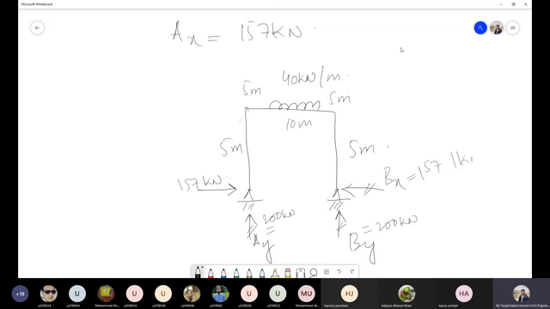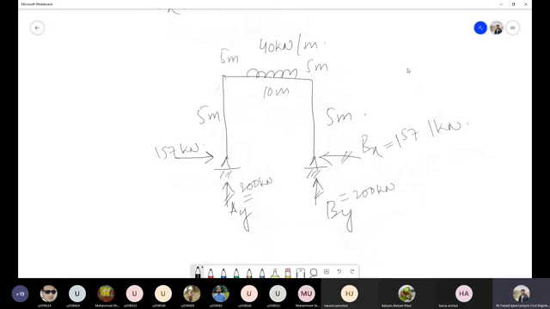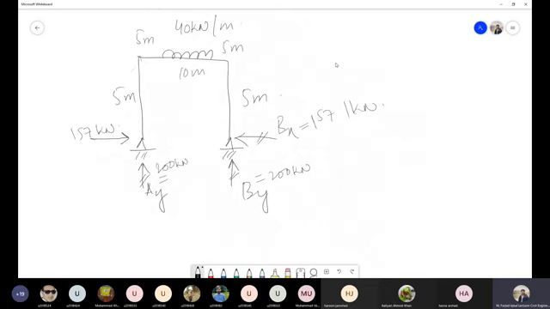Again 157 kilonewton. Actually in this question it was a symmetrical structure. So in this question it is by, let's say, our luck that we got this as 200 kilonewton, but this is not the case that in every case these reactions will be the same as the ones in the previous one, because in this one it is symmetrical section and we could have got these reactions directly by just looking at this frame, because this load is acting at the center, all the lengths are same, all the distances are same, so that's why these two reactions are just the half of this UDL.